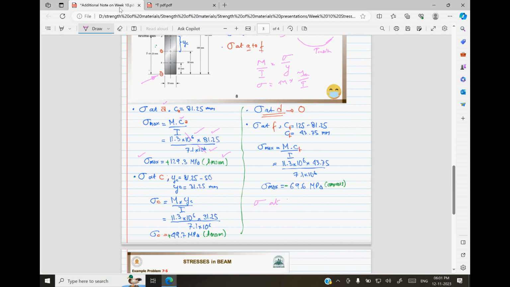Sigma at B is what? Sigma max is equal to M by I multiplied by C of B. I write Y of B, he is writing C of B. 11.3 into 10 to the power of 6 divided by 7.1 into 10 to the power of 6 multiplied by YB.